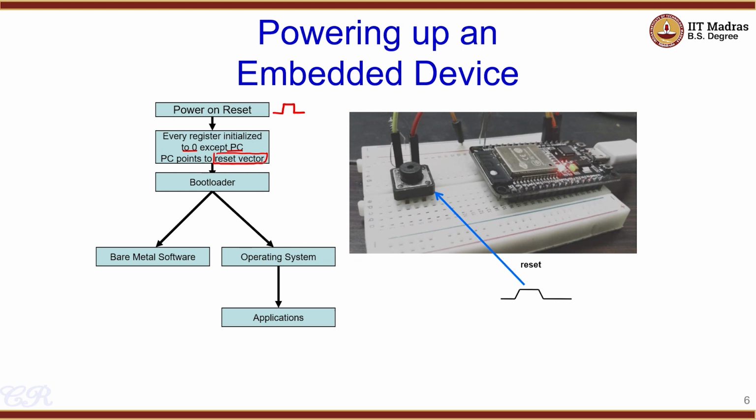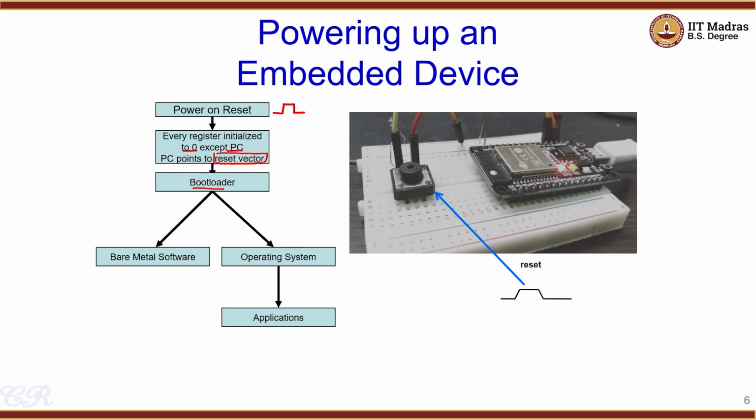Now, what is present at the reset vector? To make your processor function properly, at this reset vector address, you would require some code, and this is typically called the bootloader. The bootloader is a small program that is present at the reset vector, which starts to execute, and depending on the functionality of your embedded device, could either execute some software, called bare metal software because it does not have an operating system.